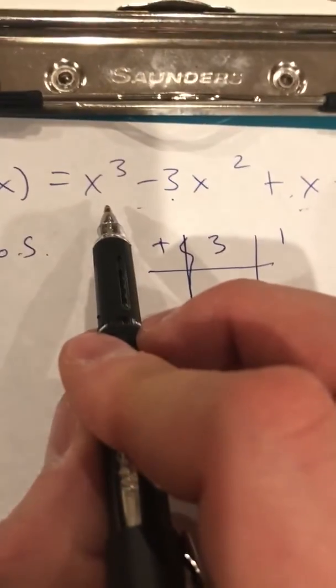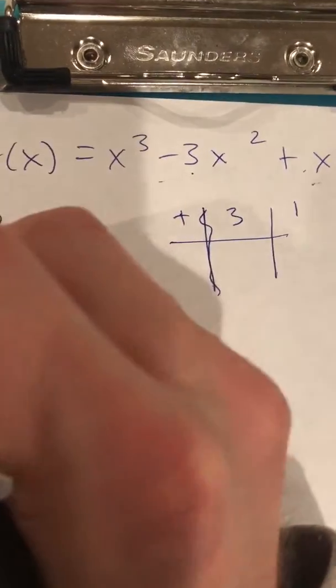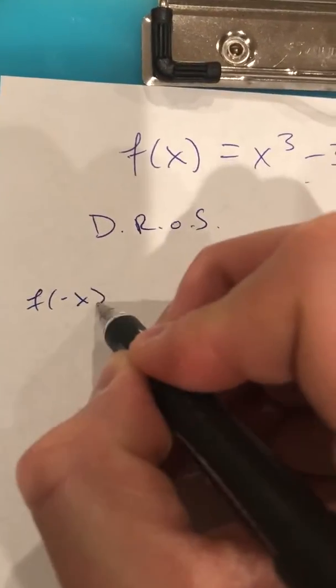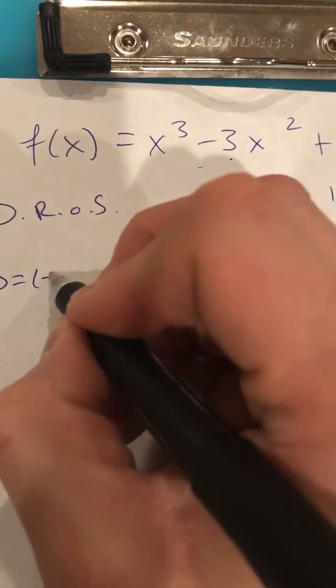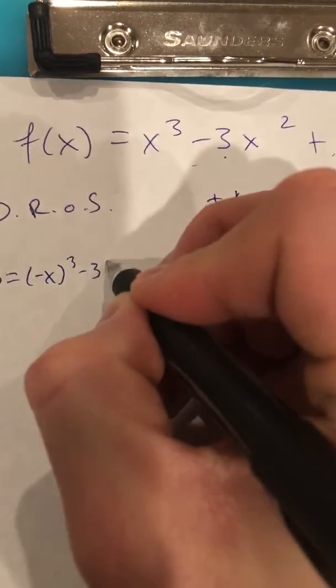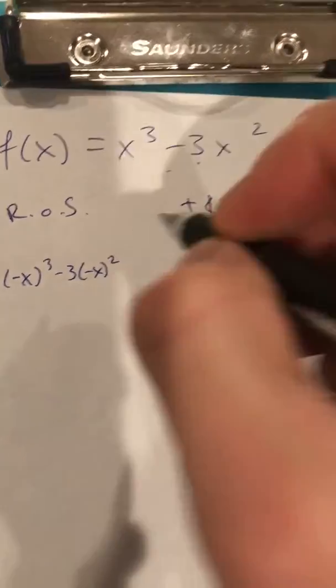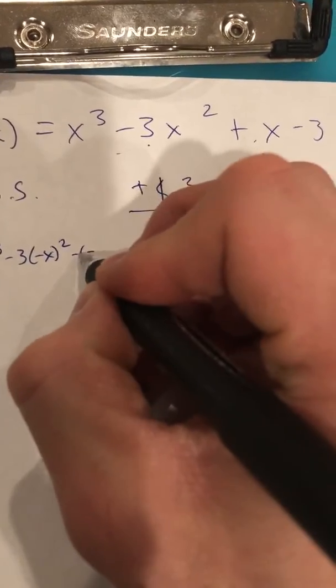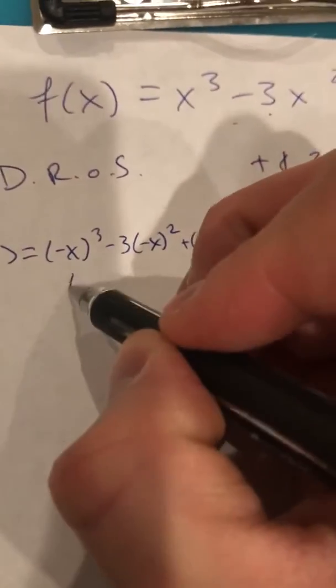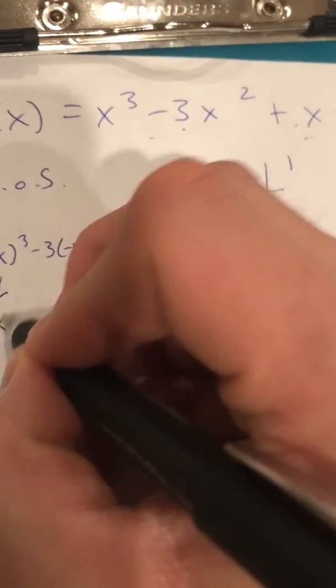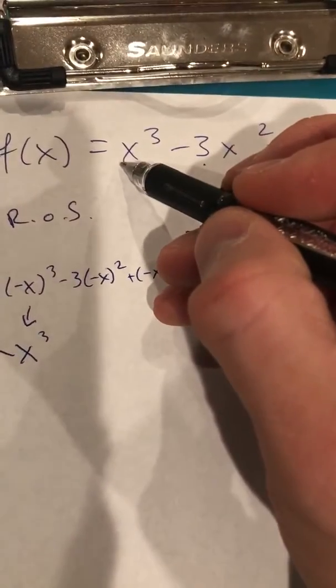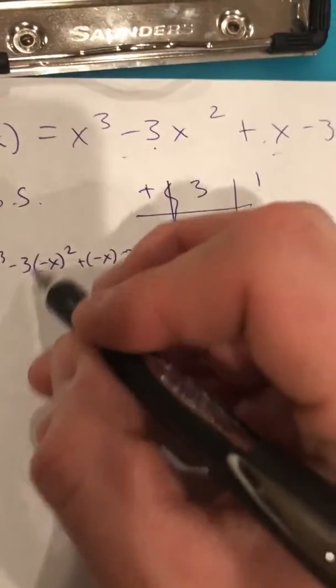If I substitute in negative x, let's do f of negative x. Okay, so this is going to stay as negative x, which means it has changed from our original one.